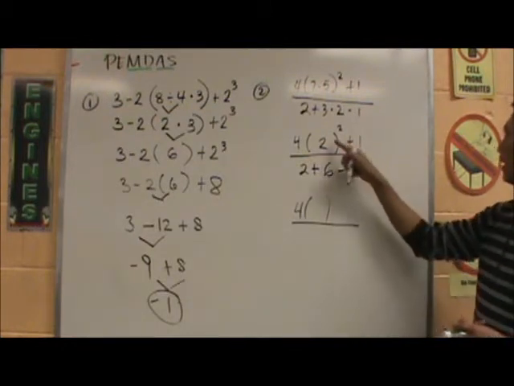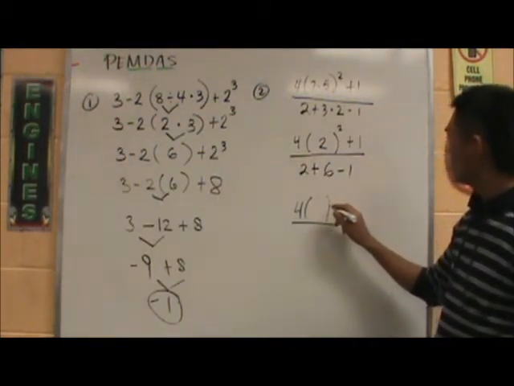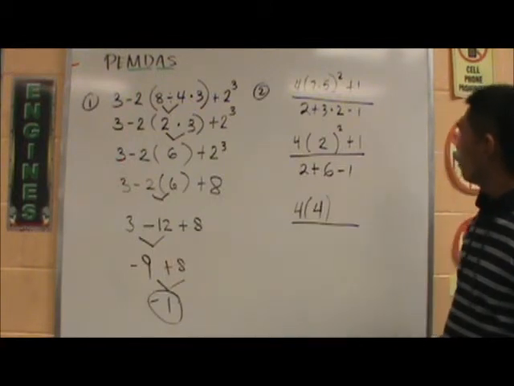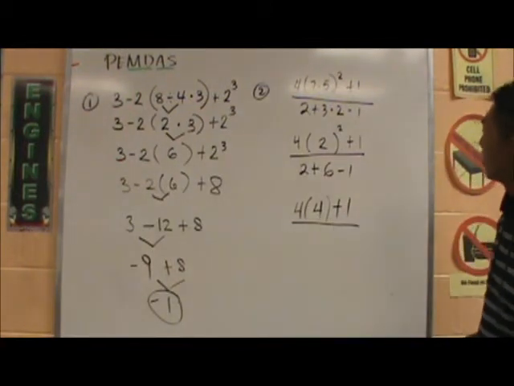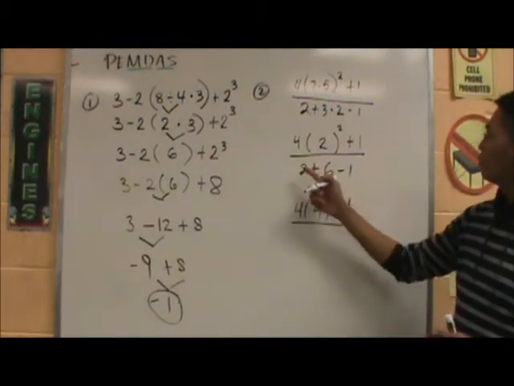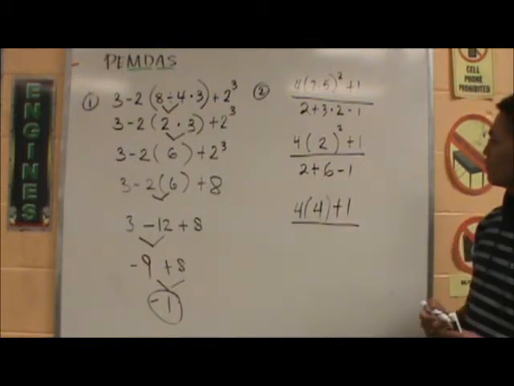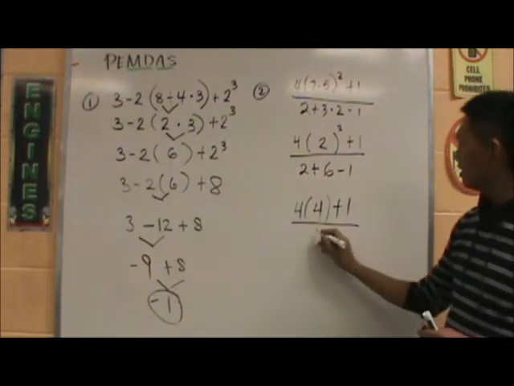You have to multiply the base 2 to itself twice. So that means you have 2 times 2 is 4 plus 1. And the denominator will be 2 times 2 plus 6 is 8 minus 1 is 7.